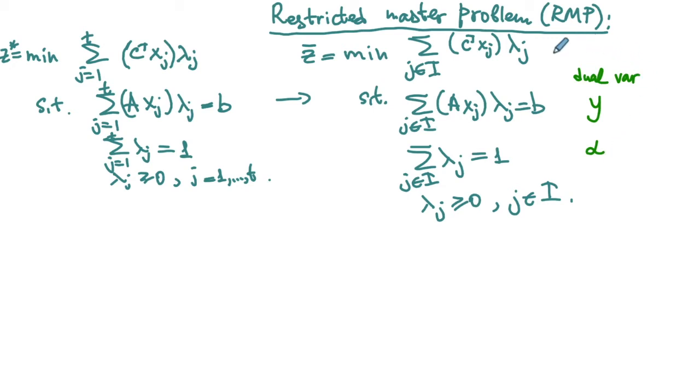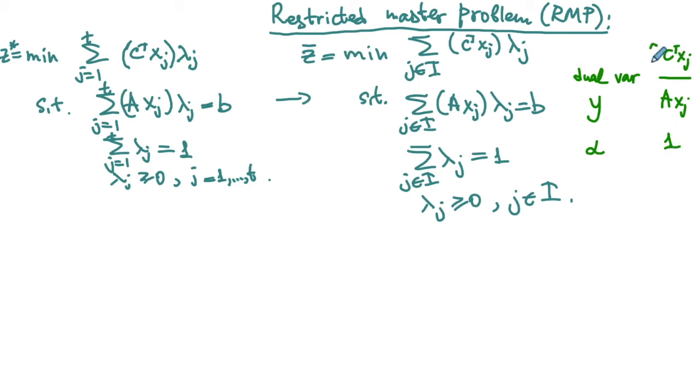So to compute the reduced cost for a variable lambda j, let's see what we have in the corresponding column. In the objective for lambda j, we'll have c transpose times x_j, and then for the constraints, we will have m entries given by A x_j, and then we'll have one more entry given by 1 here, which is the coefficient for lambda j from the last constraint.